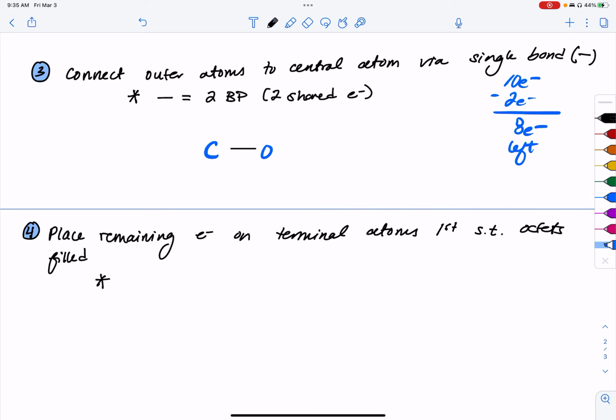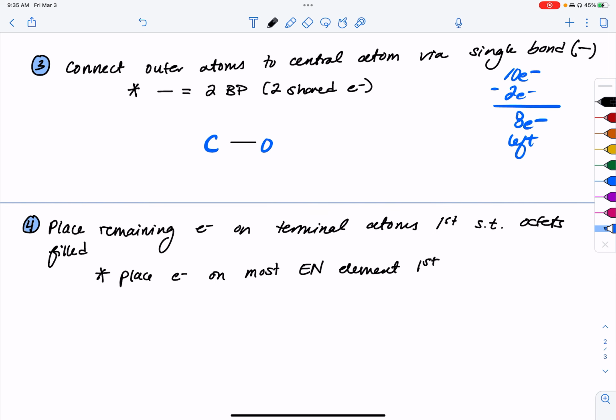And if you have to make a choice, always place electrons on your most electronegative element first. So we're going to fill the octet of the element that is more electronegative.